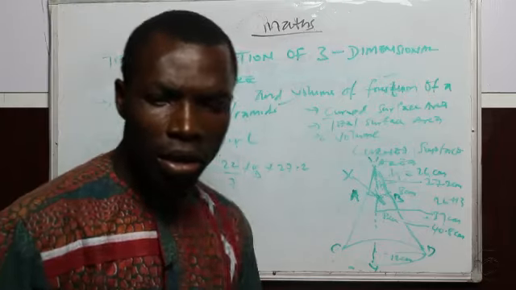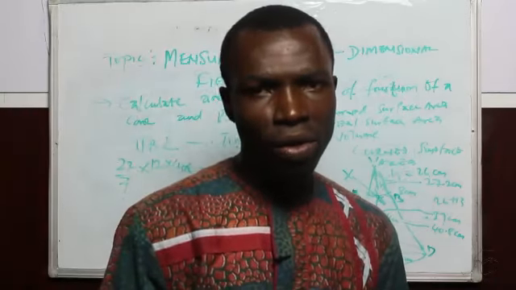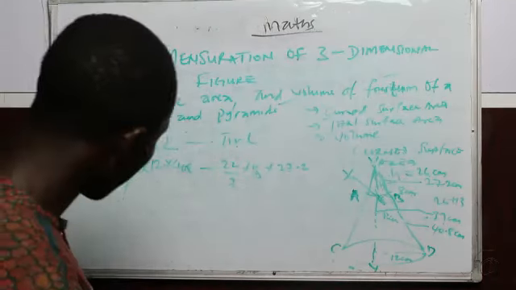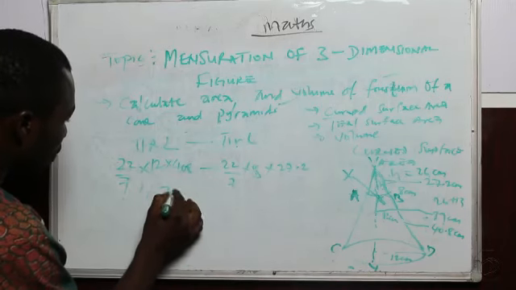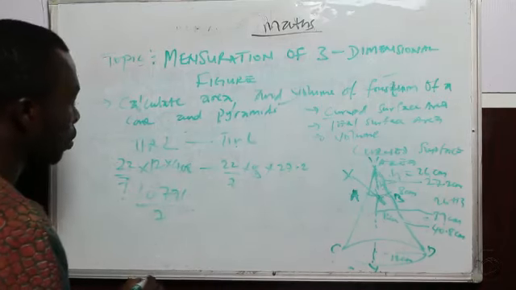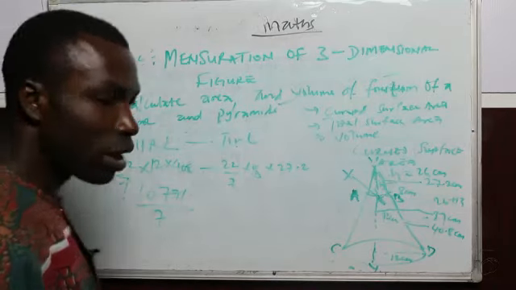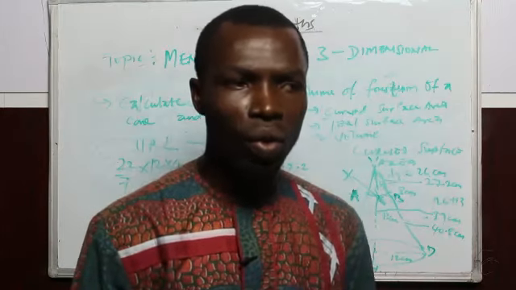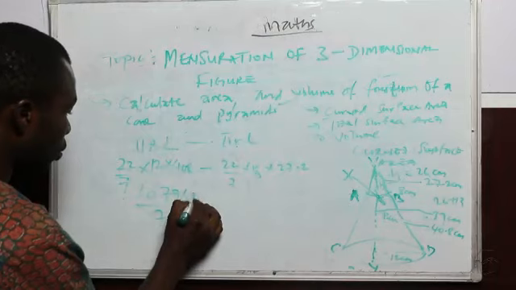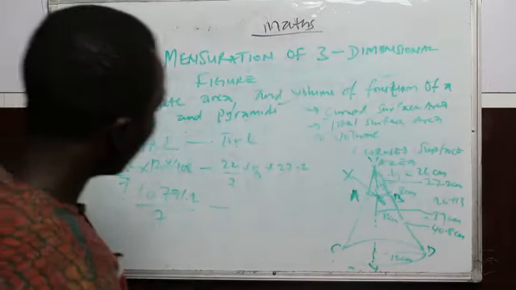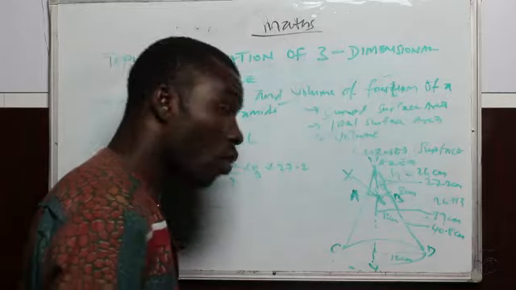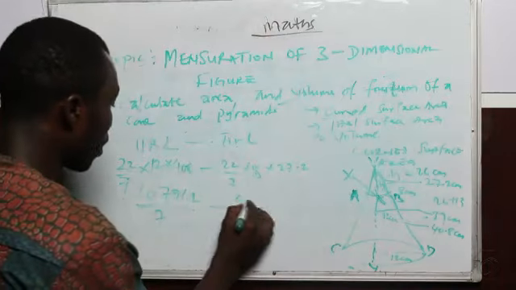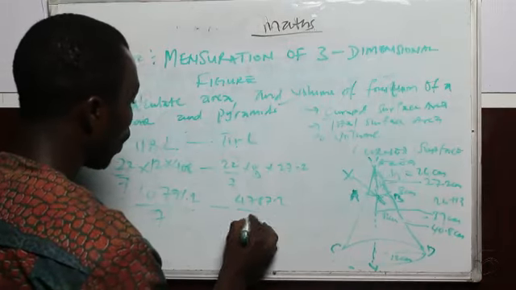Check the calculator very well. 22 times 12 times 40.8 over 7 is supposed to give us 10,771.2 over 7, minus 22 times 8 times 27.2 over 7, which is supposed to give us 4,787.2 over 7.